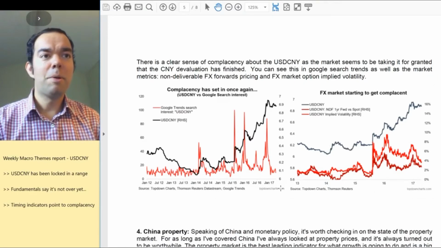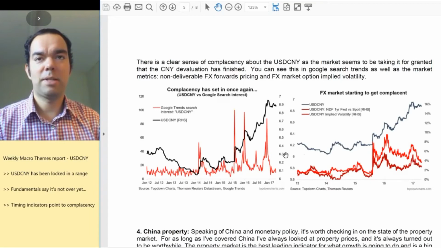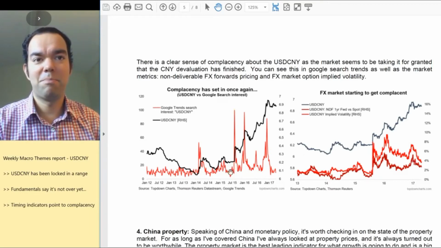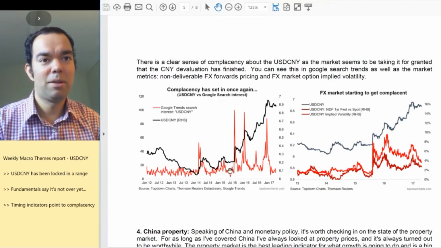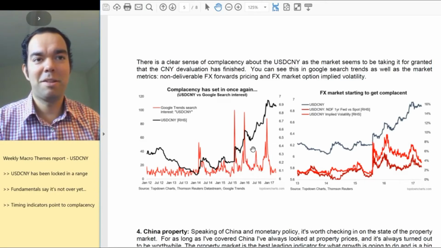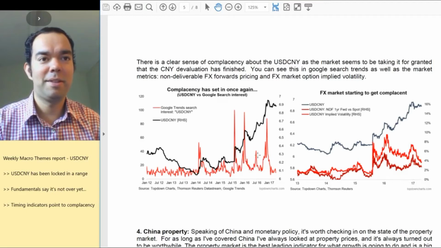These are pretty much the same thing, but what they're really saying is, is the market complacent or not about it? Prior to that one-off shock adjustment, which was a surprise, people had completely lost interest in it, and this is Google search interest. You can see that whenever people lose interest in it, that's usually the time that the authorities decide they can take their foot off the pedal and let the currency go a little bit.